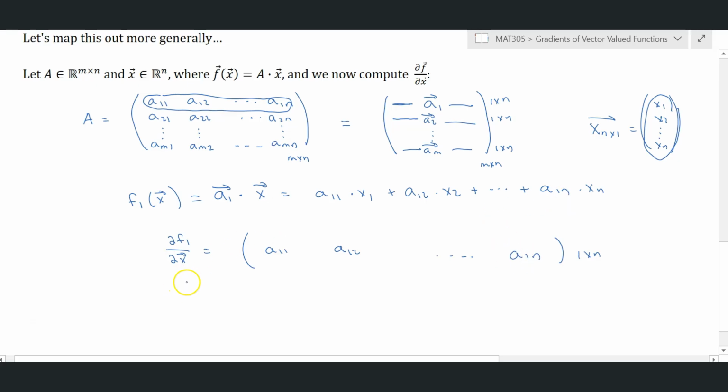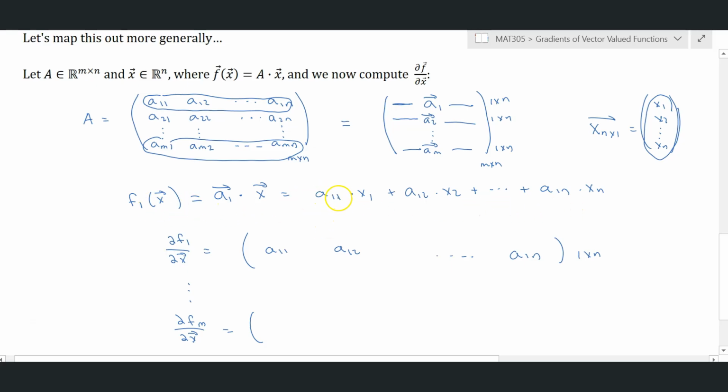And you can kind of imagine where we're going with this. If you go to the last function, df with respect to x, well, that's just going to be the derivative of the bottom row times the vector, which will produce a similar expression like f1.